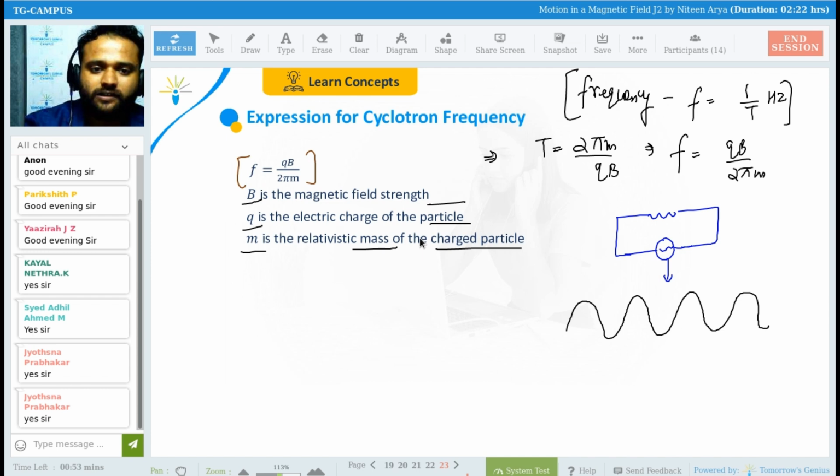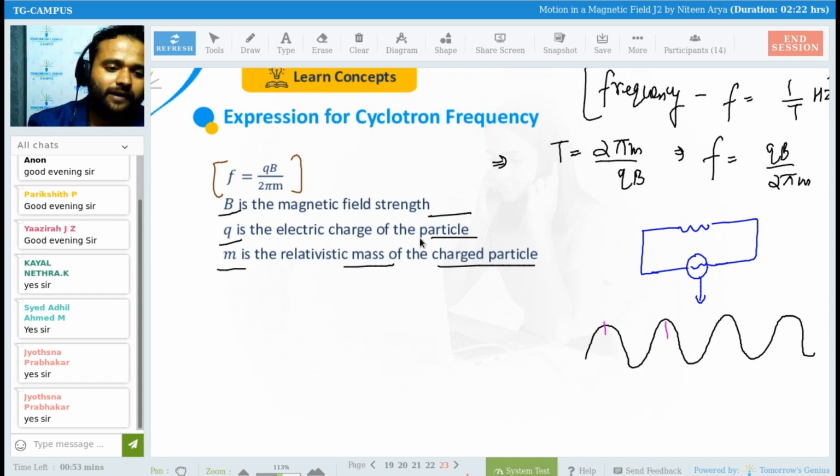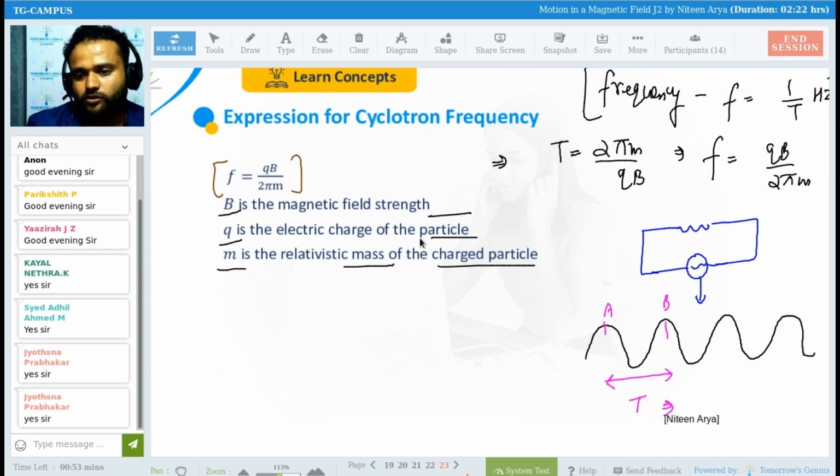Whenever anything is in the wave form, from one crest to another crest we have a wavelength, and the time duration to go from this position A to B is known as the time period, and obviously the reciprocal of this time period is frequency. So this frequency is set in this way, so that it is going to be matched with this cyclotron frequency.